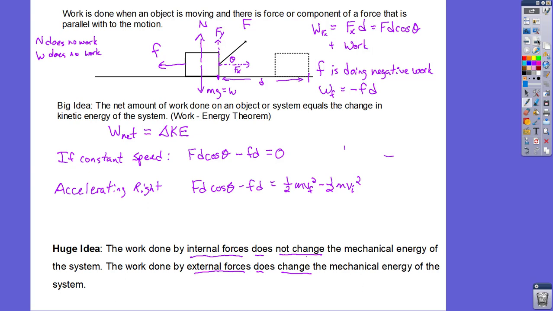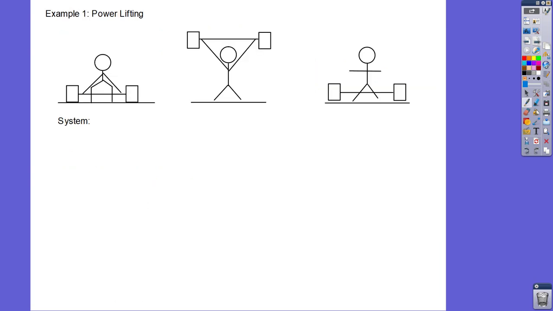And I think my first one here is weightlifting, one of the classic examples I use when we talk about work and energy. So some person's going to take this barbell and lift it over their head. The first thing we want to do is define what the system is.